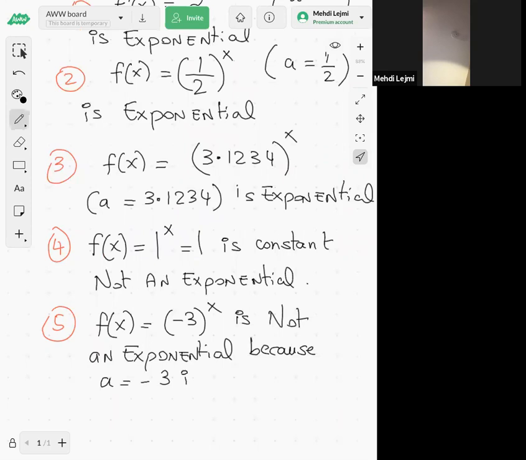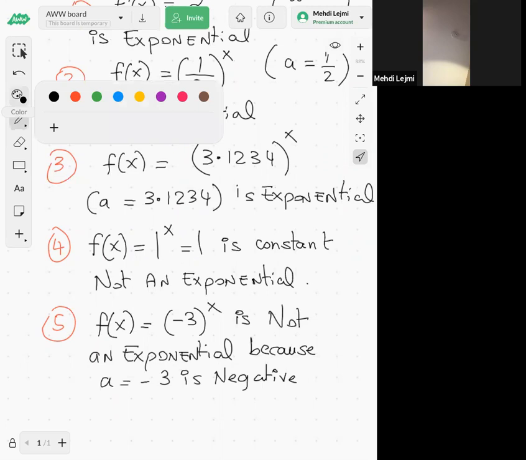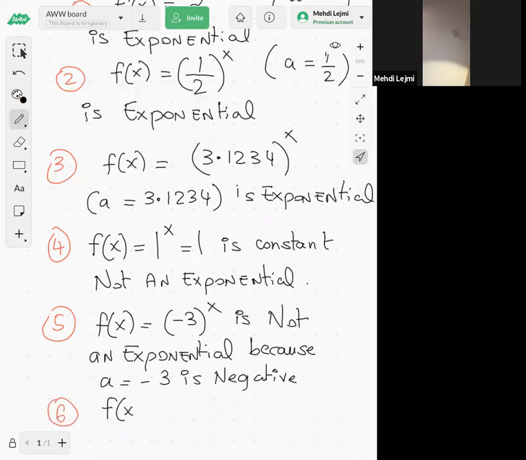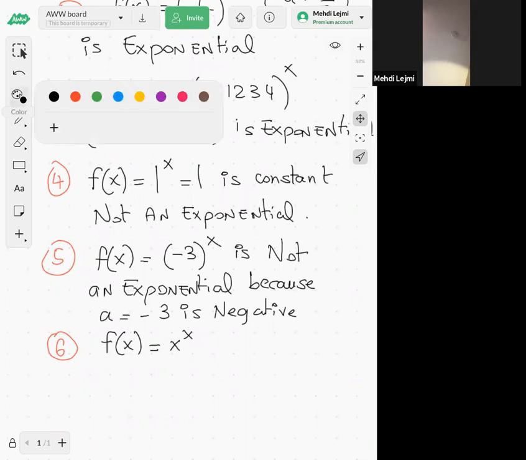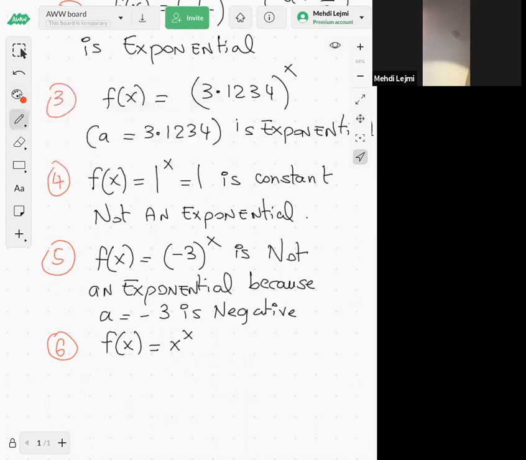And last example, example 6, let's say f of x equal to x to the power x, right? So you have x to the power x. A, by the way, is called the base. So your A here would be x, but x is not constant.